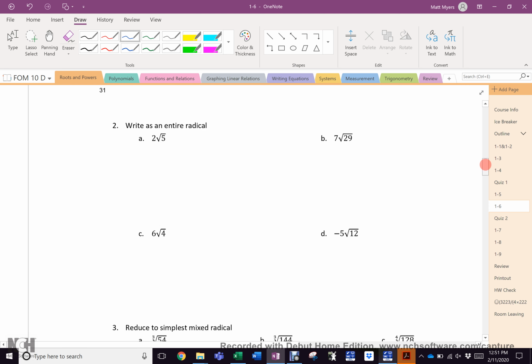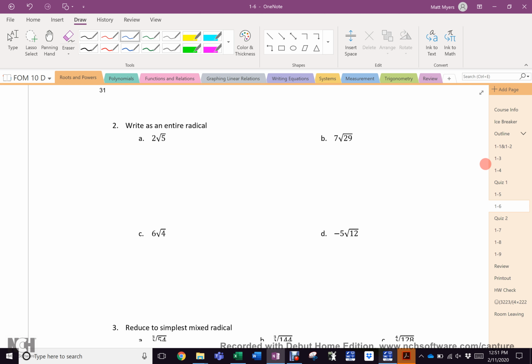Turn the page over. Are those mixed or entire radicals? Mixed. Sometimes, and I know this seems weird, ladies and gentlemen, sometimes we want to go back the other way.